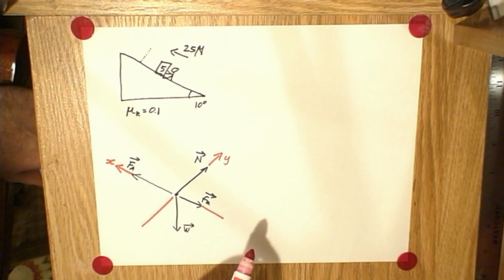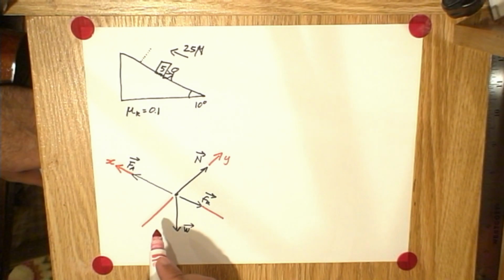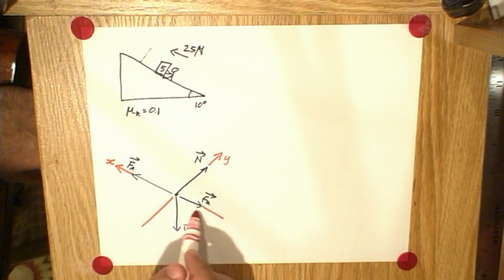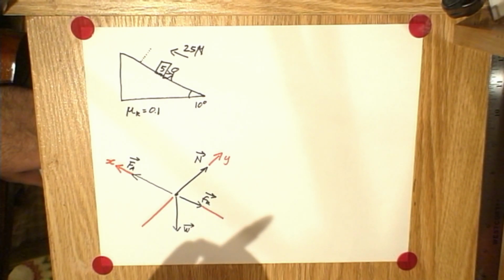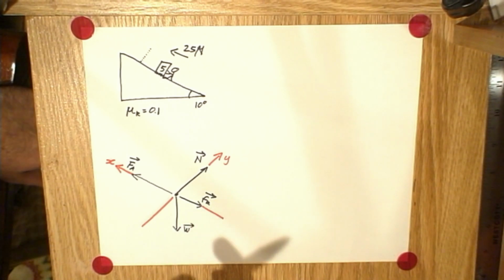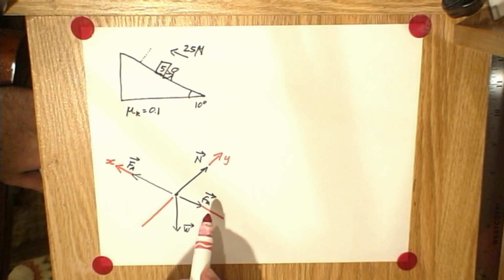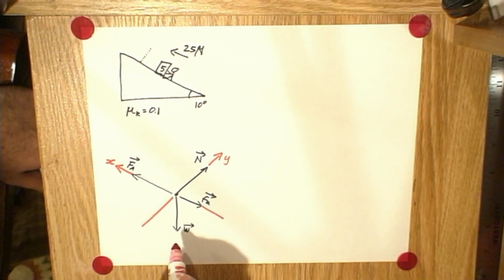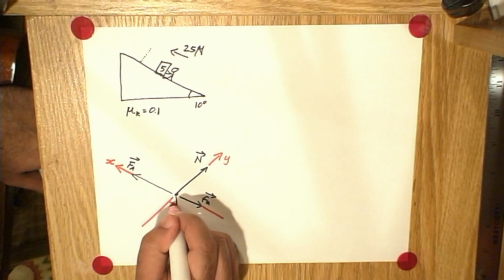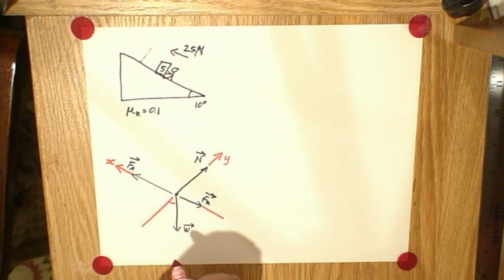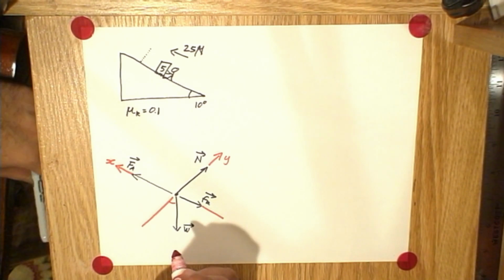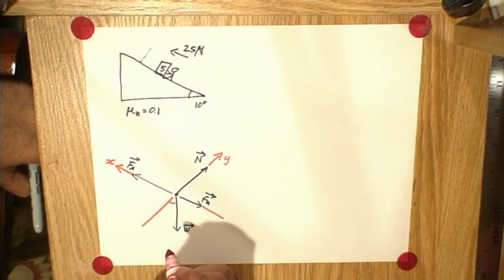So we'll notice that the setup of this question, outside of the fact that we have this kinetic friction, is almost identical to what we did last time. Again, the only difference is we have kinetic friction this time. Now, the only thing that is not pointing along one of these axes is this weight force. So we need to find out how we can break this weight force into its components.